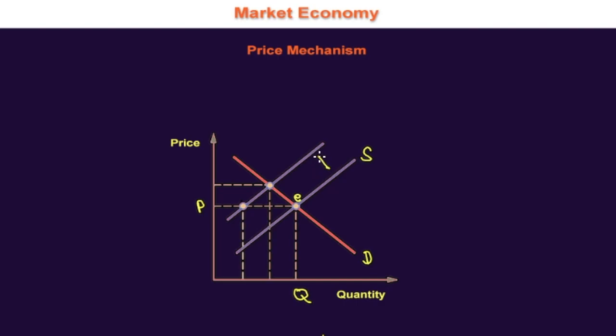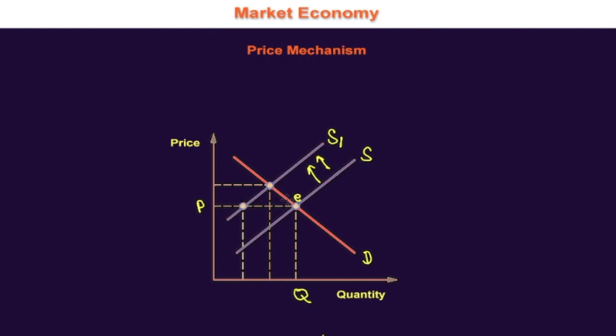So when it experiences a supply shock, the supply curve will move to the left. This new supply curve, we will mark it as S1. This supply shock reduces the supply at every price point. So as you can see, at the equilibrium price, the supply is so much less than before.